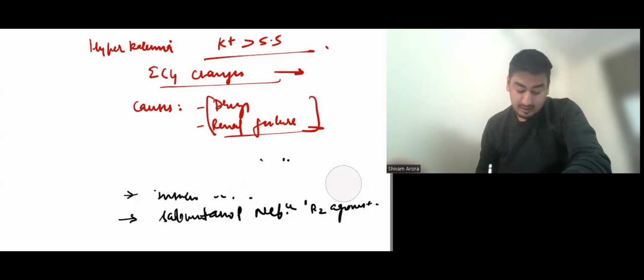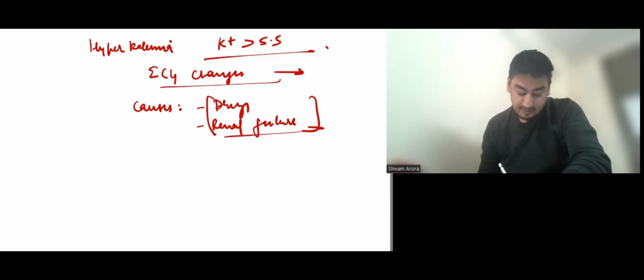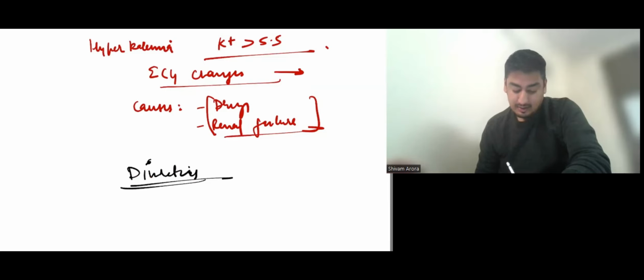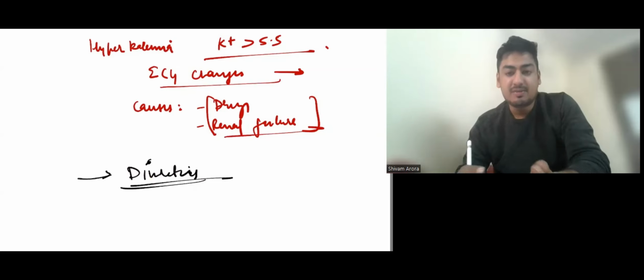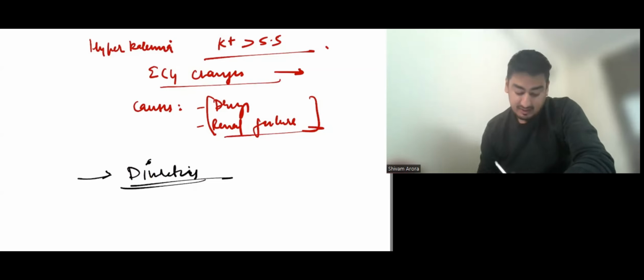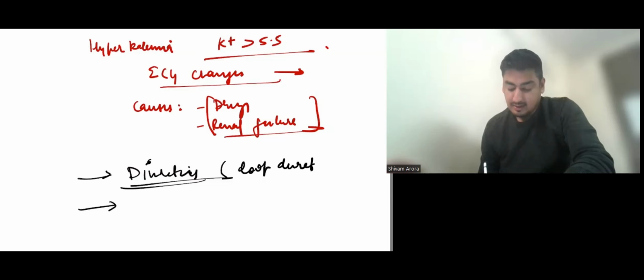Also, we can give diuretics, but they take some time to act. So immediate management is with these three drugs, then we can give diuretics, loop diuretics and thiazide diuretics.